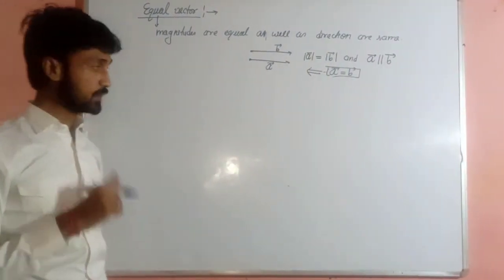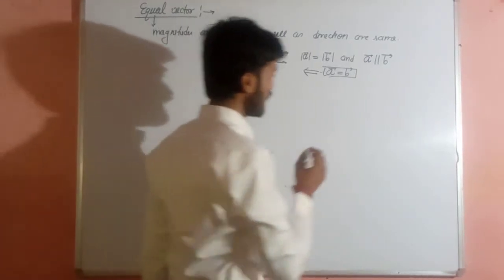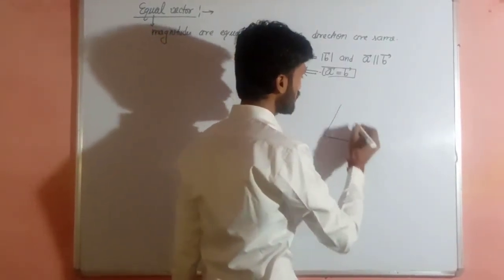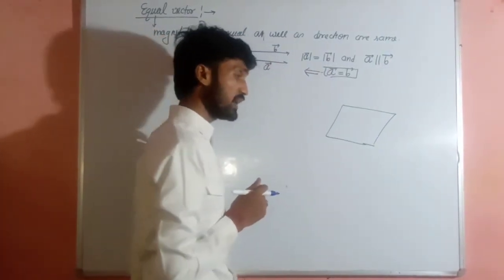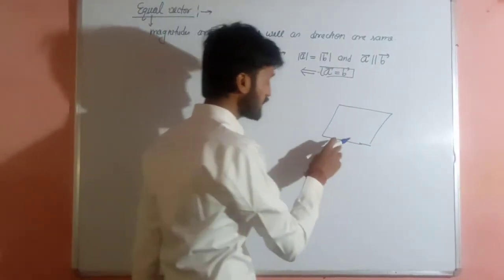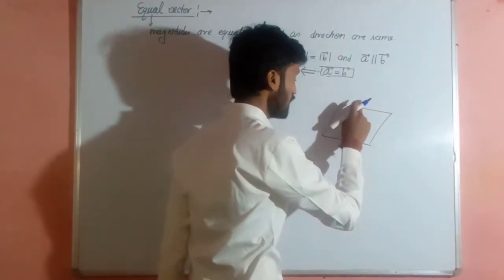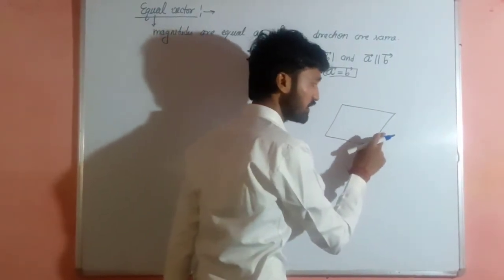Suppose you want to show that any quadrilateral is a parallelogram, then for this we have to show that vector A equals vector B, vector C equals vector D.